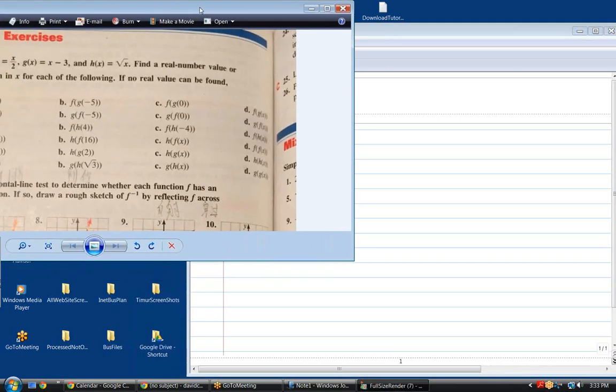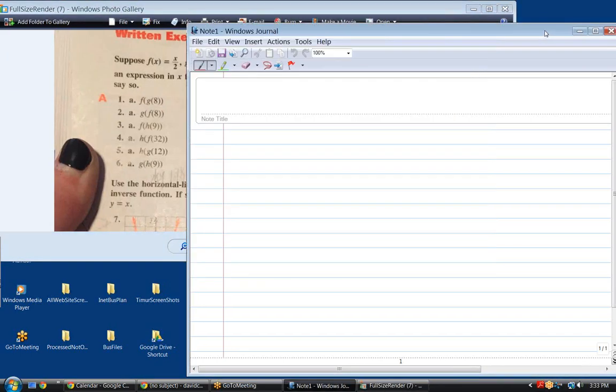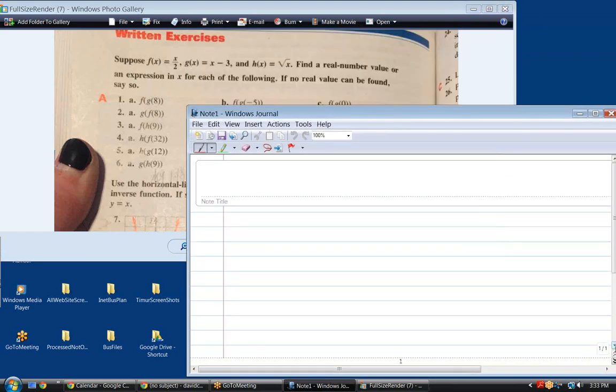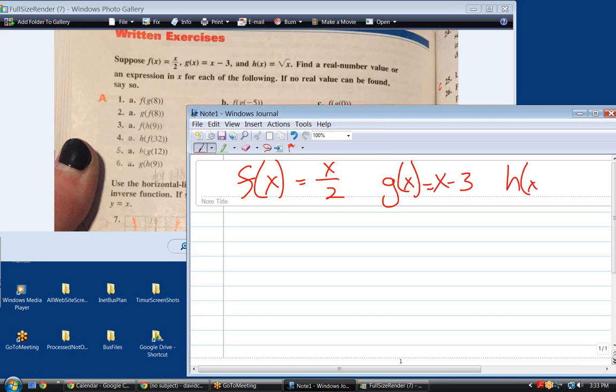So let's see. Our functions are, let's see if I can figure out how to do this. So we have f of x equal x over 2, and we have g of x equal x minus 3, and we have h of x equal x.